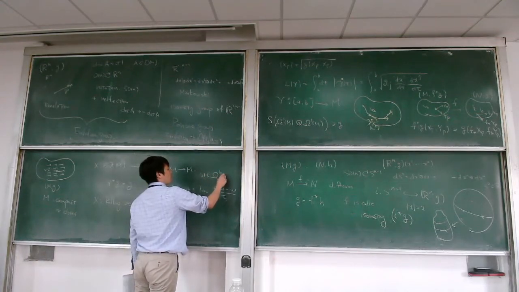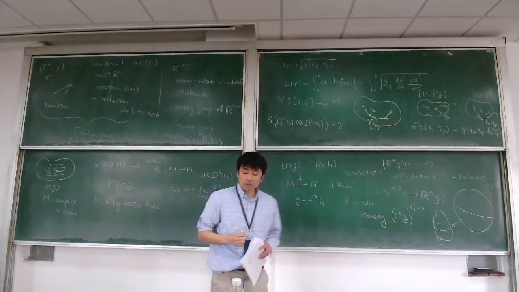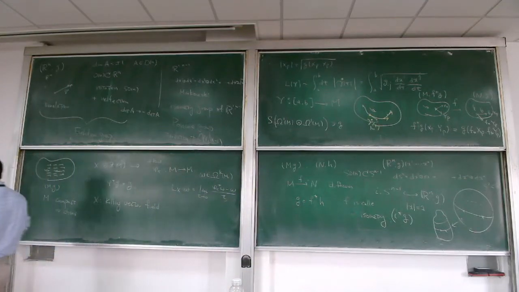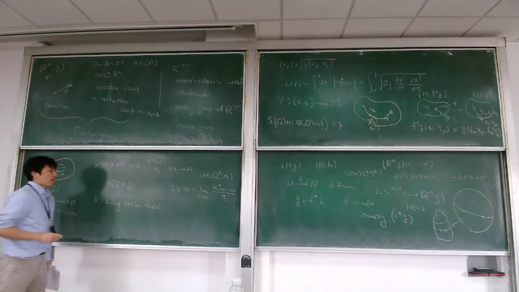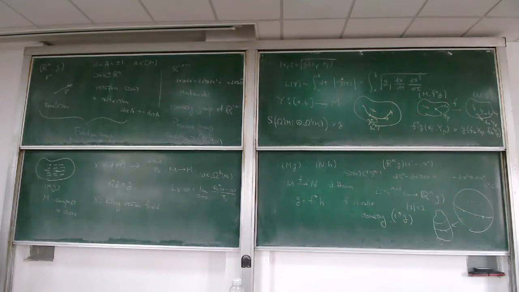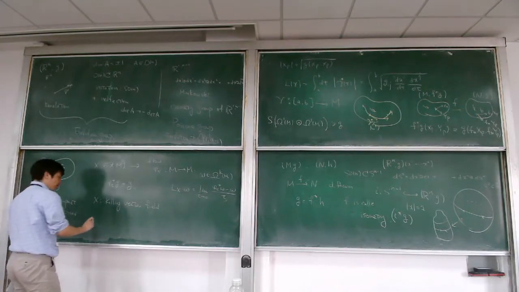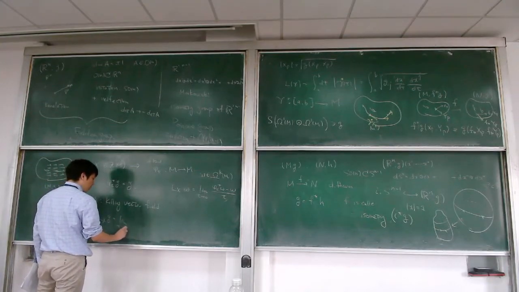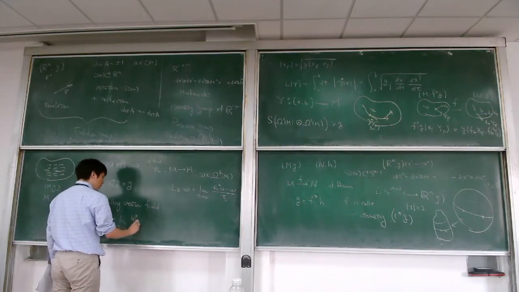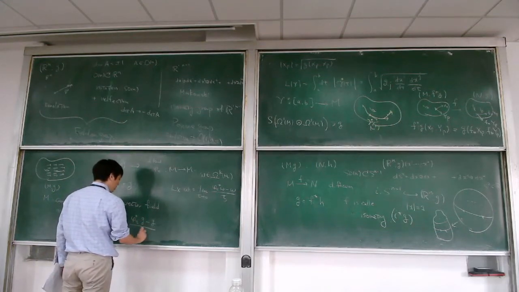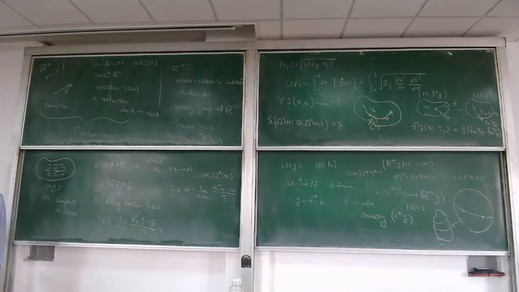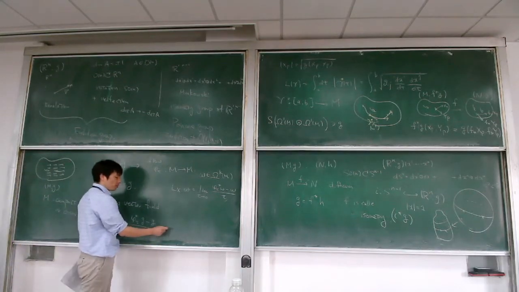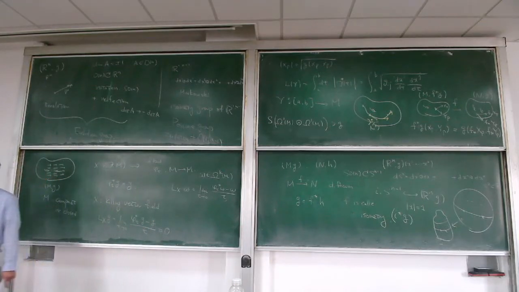We can do a similar thing for the metric. L_X g is the limit as t goes to 0 of (phi_t star g minus g) divided by t. If X is a Killing vector field, of course the numerator is 0, so that the Lie derivative acting on g is equal to 0.